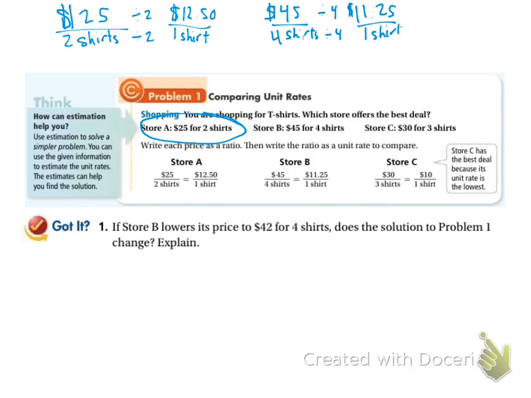And finally, store C, $30 for 3 shirts. Divide by 3, I get $10 for 1 shirt.